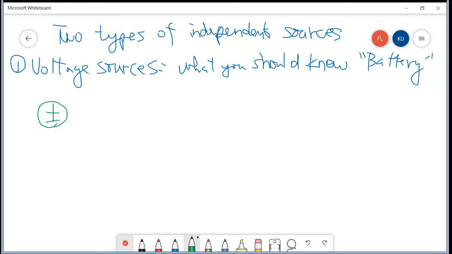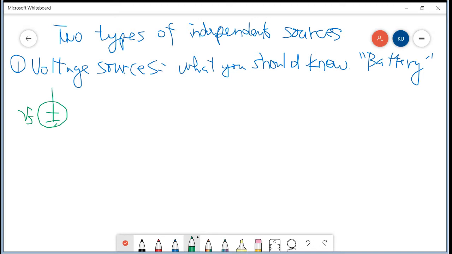In this case, the voltage source is Vs, or in the textbook it usually uses the character E, but I used to use Vs rather than E, but it doesn't really matter. It's just a variable.